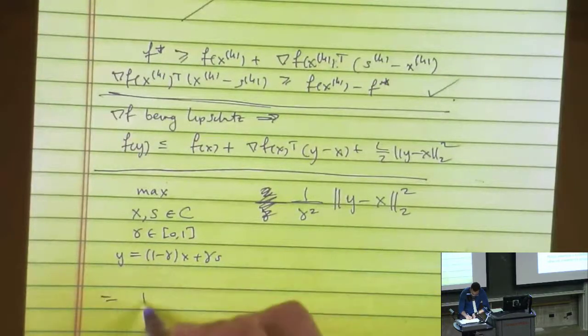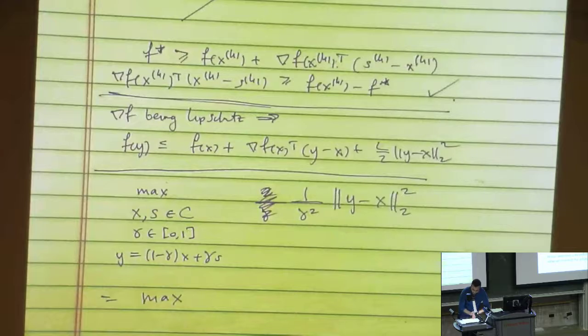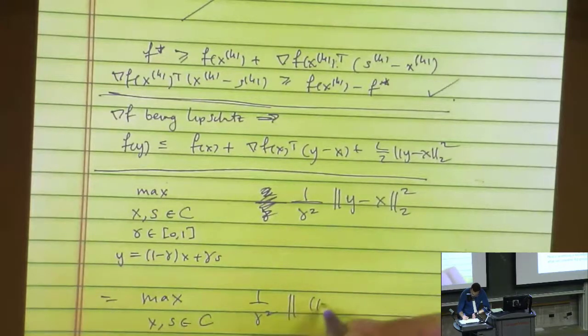I'm just going to plug in for y here, the max over all x and s in the set C, and gamma between 0 and 1, of 1 over gamma squared times ||(1 minus gamma) x plus gamma s minus x||squared.